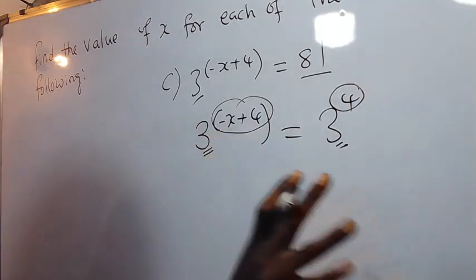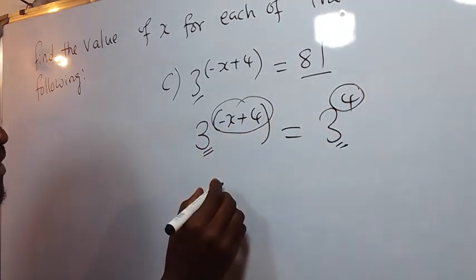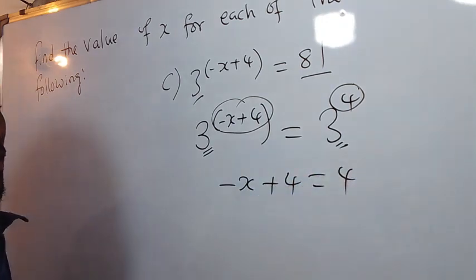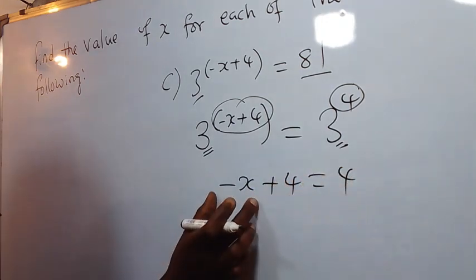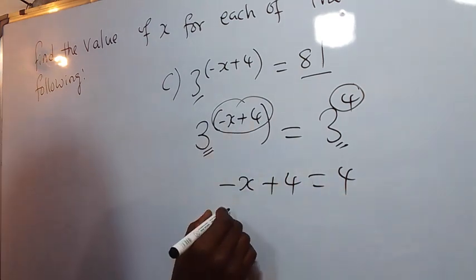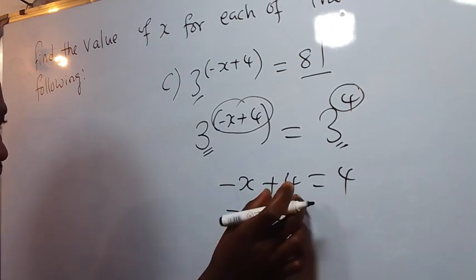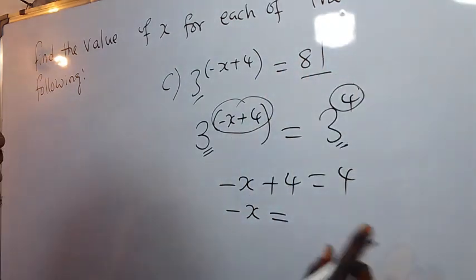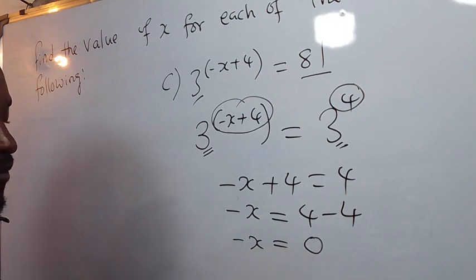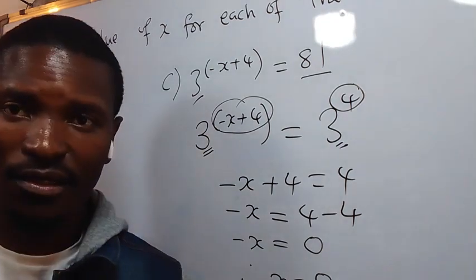So you can ignore the bases and just bring down the powers as a normal equation: negative x plus 4 equals 4. Then I need to find the value of x by doing some simplification. So negative x, then I take this positive 4 to the right-hand side, becomes minus 4. Then 4 minus 4 is 0, and obviously x equals 0. That is basically how you can go about solving that.